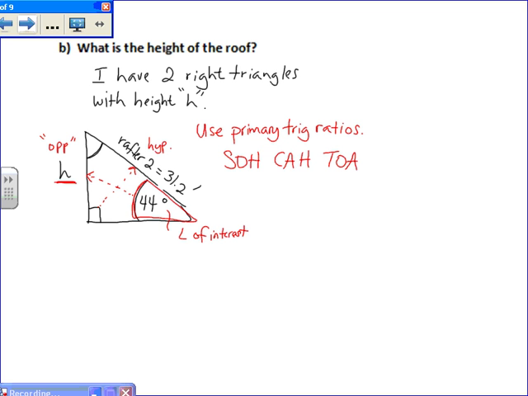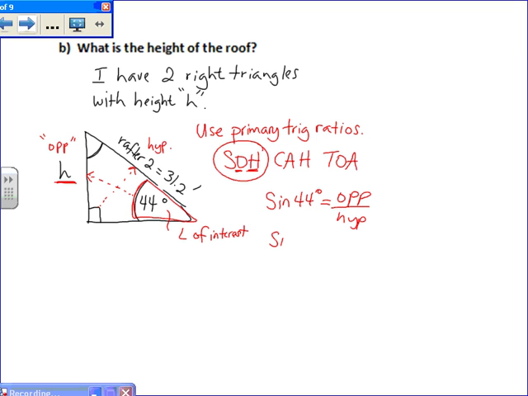Okay, so I'm going to use the sine of 44 degrees because it uses the hypotenuse, which I know, and it will give me the opposite, which I need. So here's what I'm going to use. I'm going to say the sine of 44 degrees is equal to the opposite over the hypotenuse. And now let's go ahead and fill in what those are.